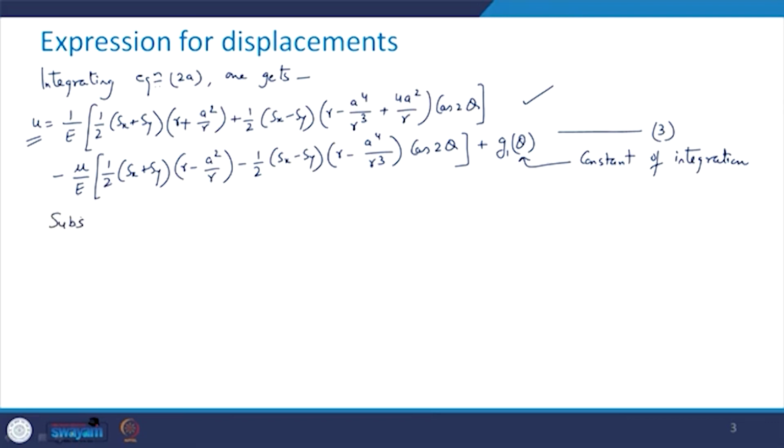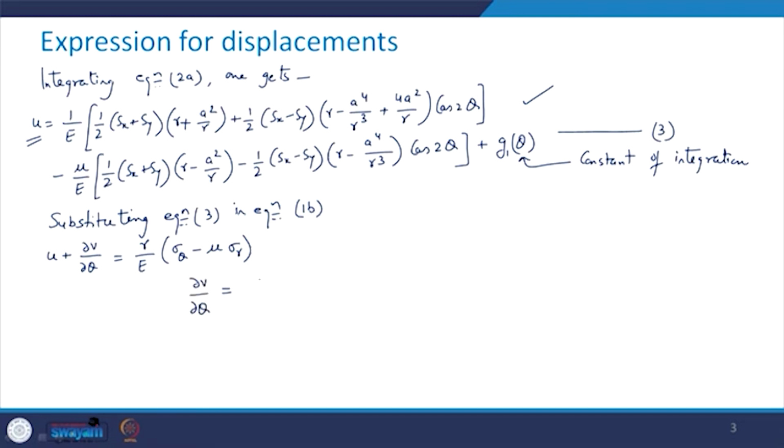So, substituting equation 3 in equation 1b, we have u plus del v del theta equal to r upon E into sigma theta minus mu sigma r, and this can be written as del v del theta is equal to r upon E into sigma theta minus mu sigma r, minus u.